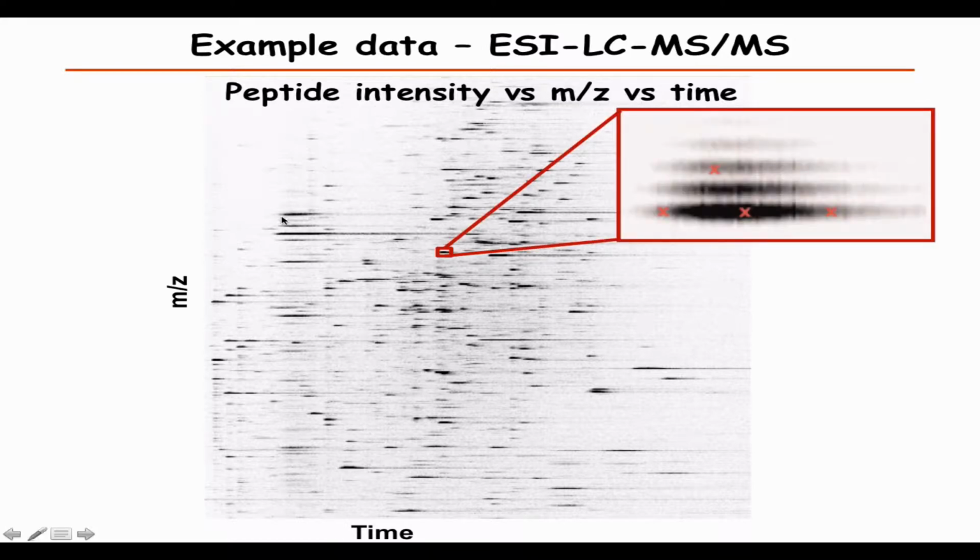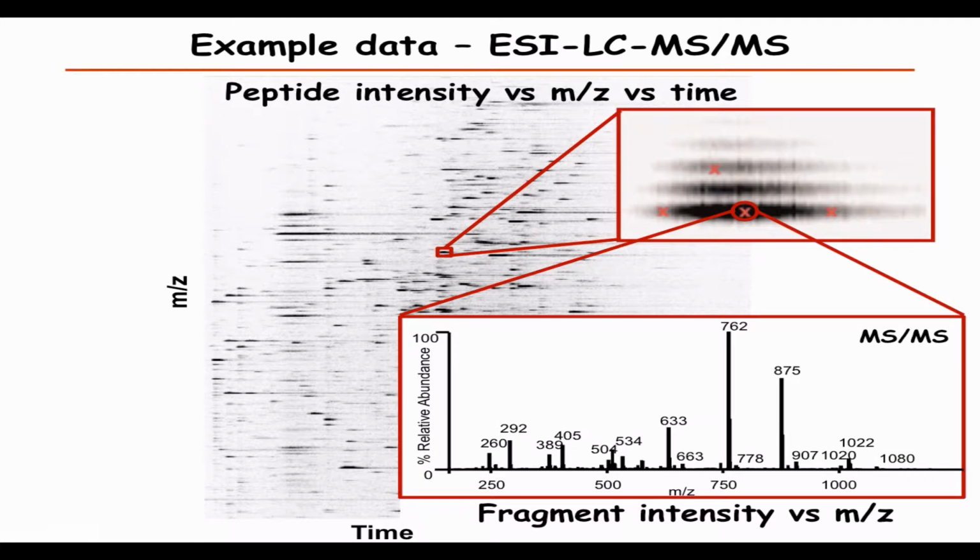If we zoom into one of these, we see that the peptide appears and then disappears, and then there is this pattern of the isotope. This is the isotope distribution that we'll look at closer later. And at these x's is where the mass spectrometer has decided that it's going to collect and fragment that peak.